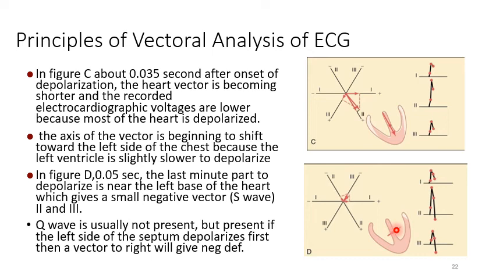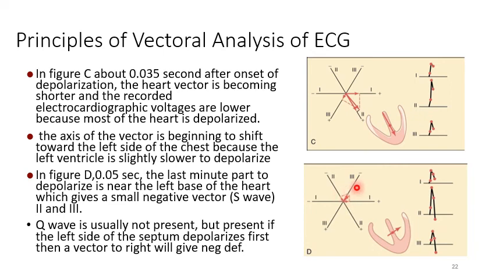We move the instantaneous cardiac axis here to see how the projected lines or vectors will be found in the leads. So here's the instantaneous cardiac vector, and we will draw perpendicular lines on lead 1, lead 2, and lead 3.